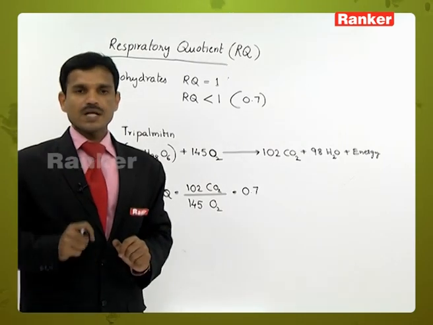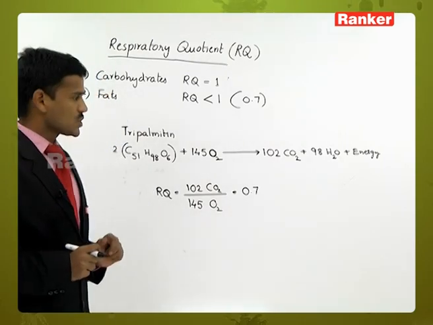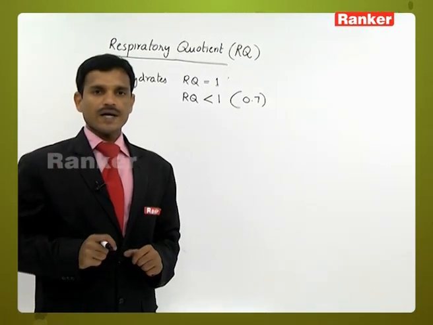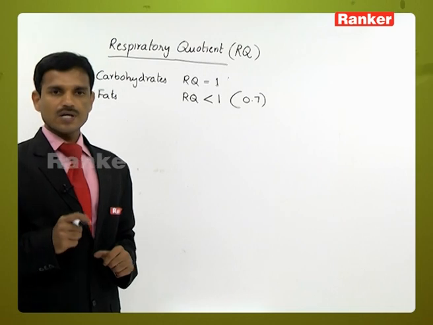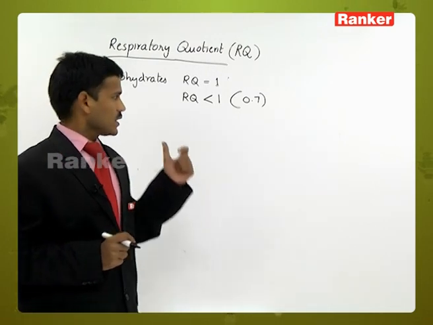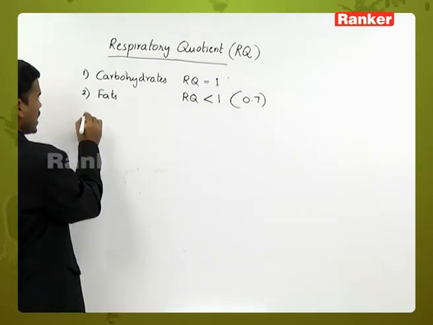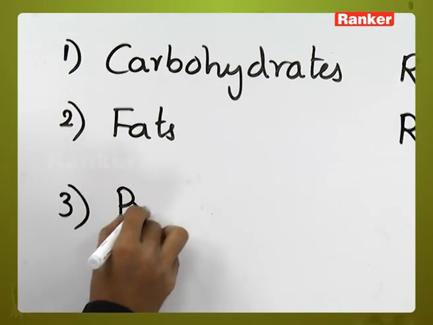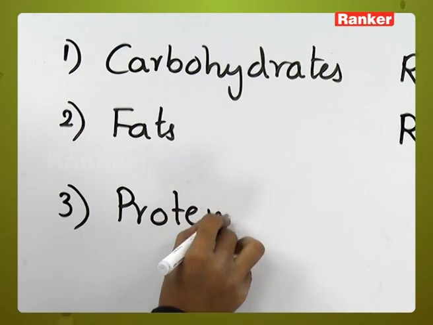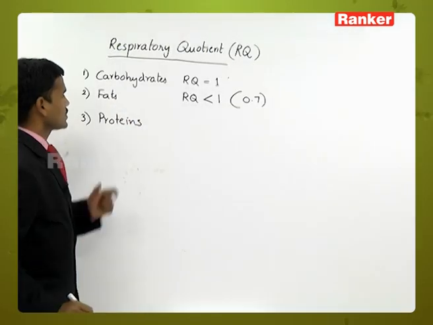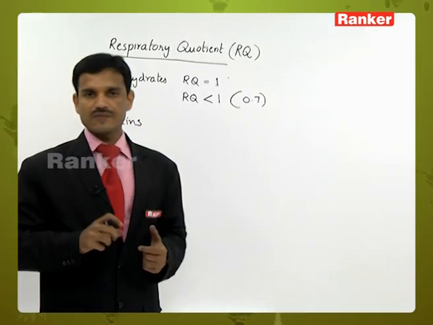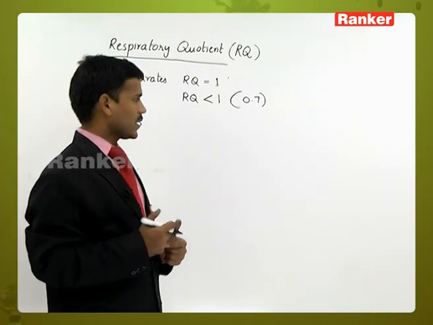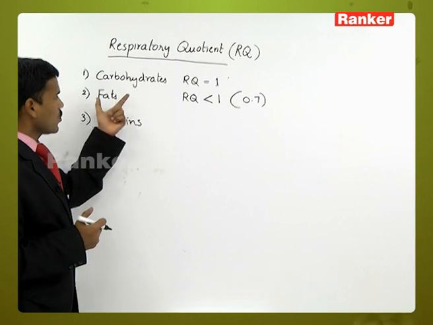Next, proteins are also involved in aerobic respiration. Structurally, proteins also have very few oxygens. Like fats, oxygen number is low compared to carbon and hydrogen, so they require more oxygen.